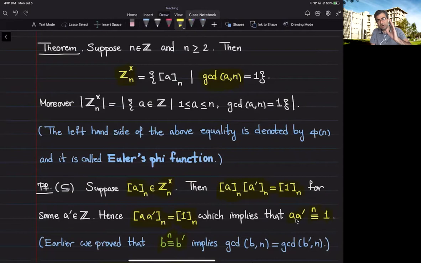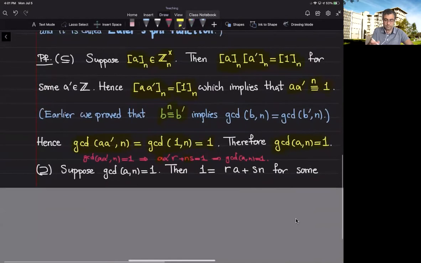I want to start with a residue class that's represented by an integer that is co-prime with n, and I want to show that this residue class is a unit. Okay, so let's start with an integer A, assume that GCD of A and n is 1, from which we deduce that an integer linear combination of A and n should be 1. So 1 is an integer linear combination of A and n.